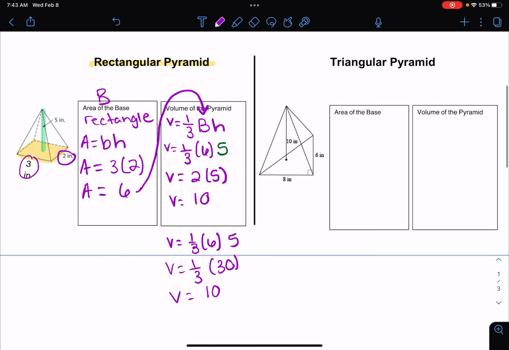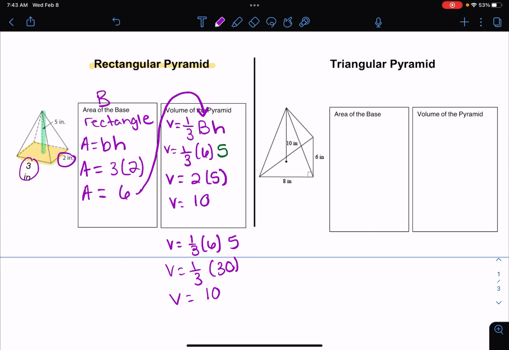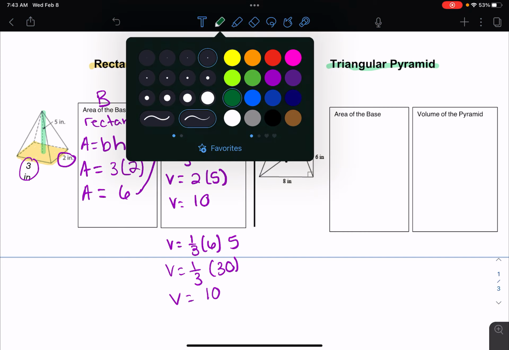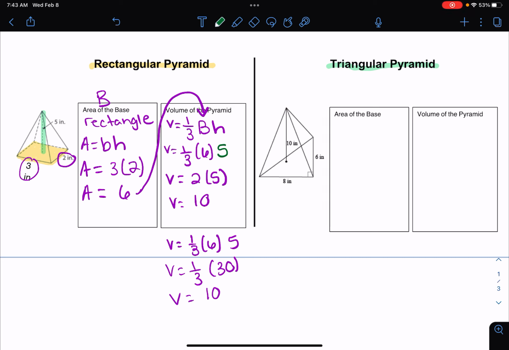So we're going to go ahead and move on to our triangular pyramid. Again, this is a triangular pyramid, so that means our base shape is going to be a triangle. We're going to shade in our base, a triangle.